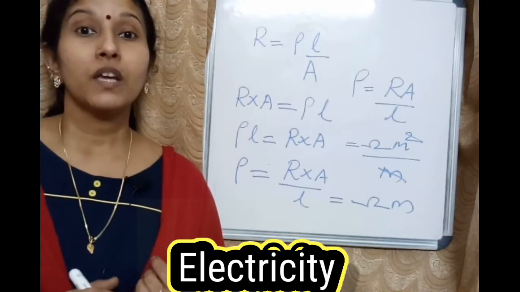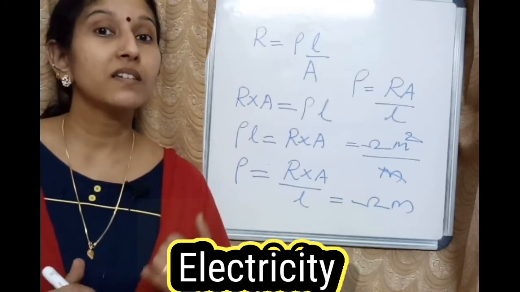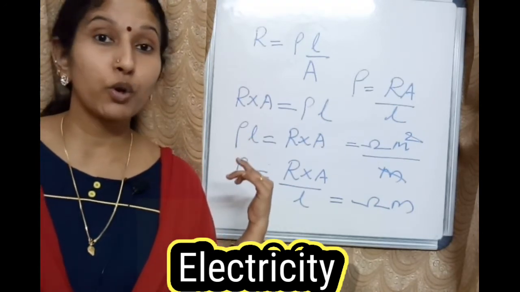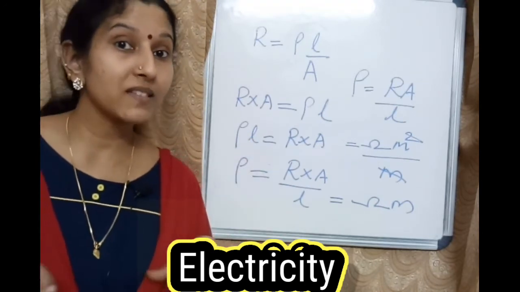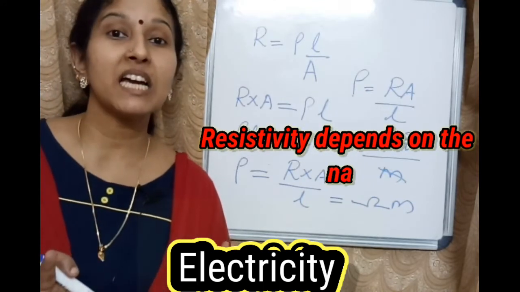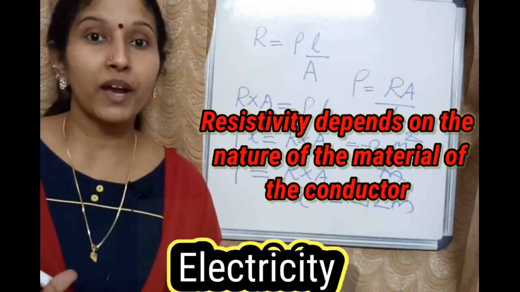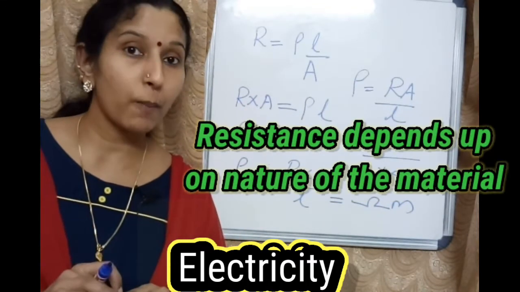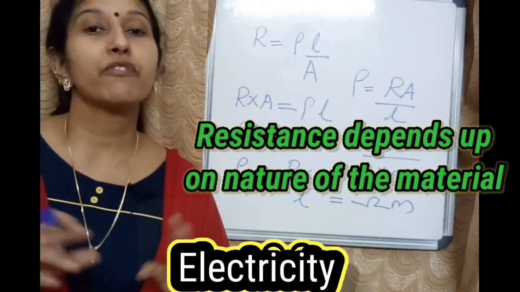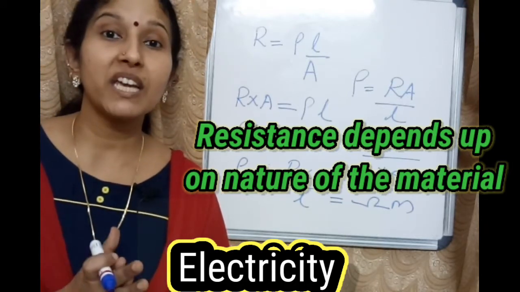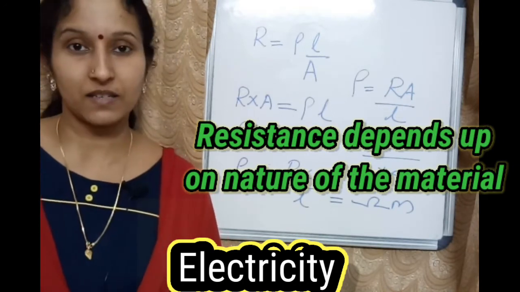So the last factor is nature of the material. In the activity I told you, at last we have to replace the nichrome wire by the copper wire. So by replacing the nichrome wire with the copper wire, you can see the difference in the resistance, which means by changing the material we can change the resistance.